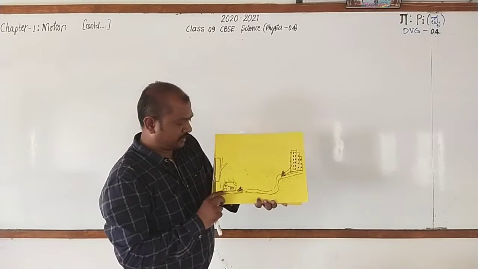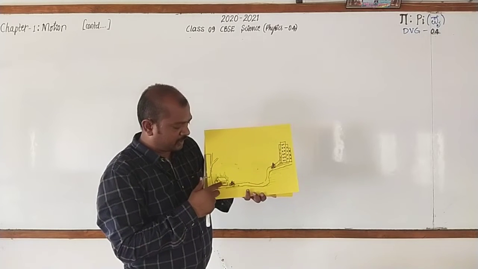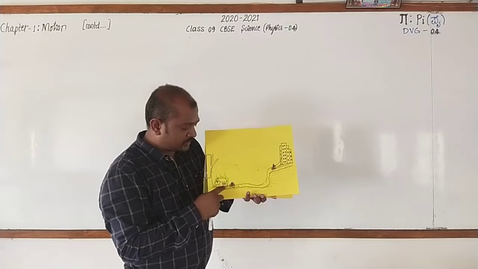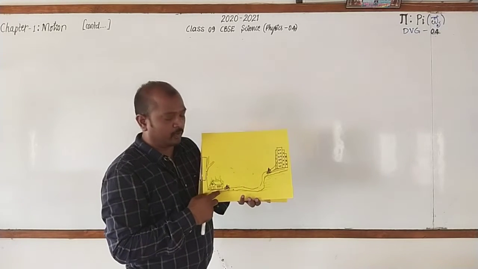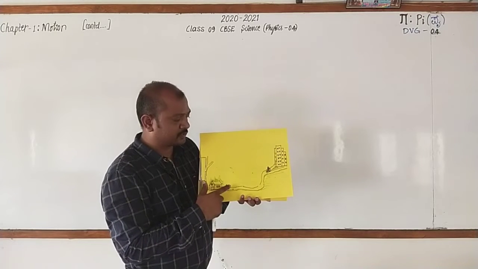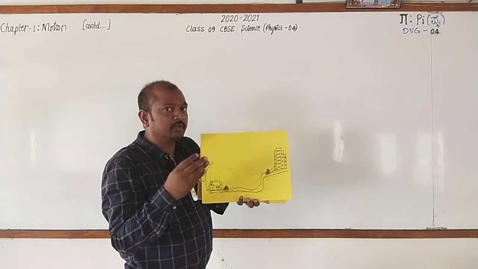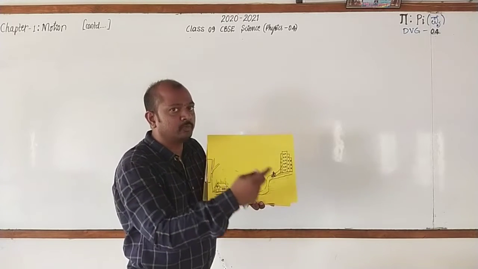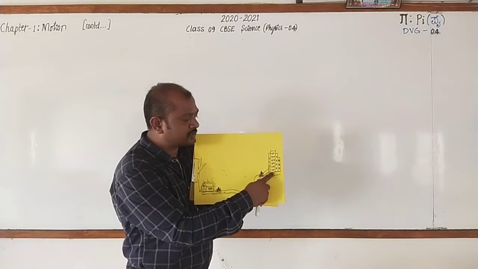Then here one more picture is there. Again it is related to speed. Assume that you go to your school by bicycle from your home. You have just left your home and you start pedaling. Think about the speed with which you start moving and the speed with which you reach the school.